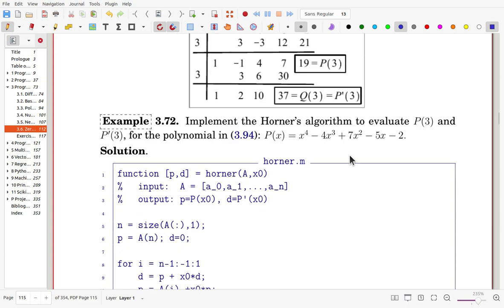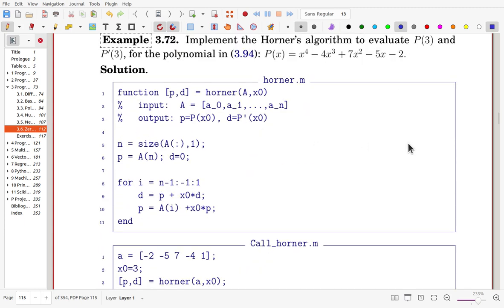Now we can implement the Horner's algorithm to evaluate P at 3 and P prime at 3 for this polynomial. This is Horner.m, a MATLAB M file. Horner takes the coefficients of the polynomial.